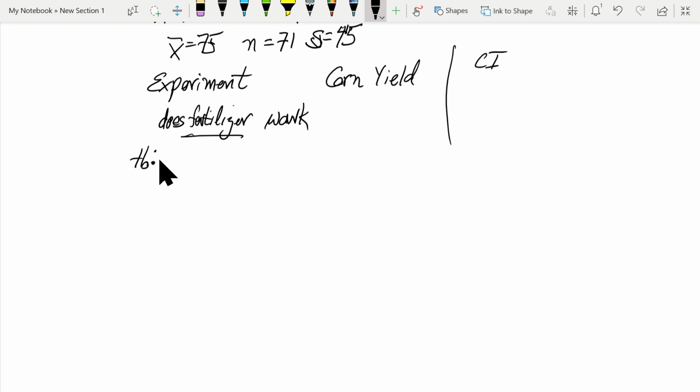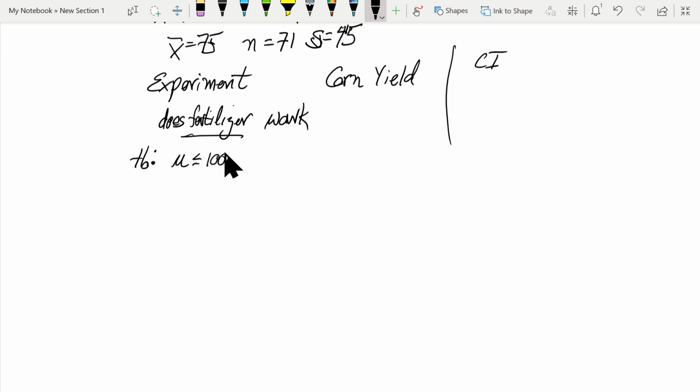And the null hypothesis for the corn yield could be the mean corn yield is less than 100 bushels per acre. The null hypothesis always represents the status quo.